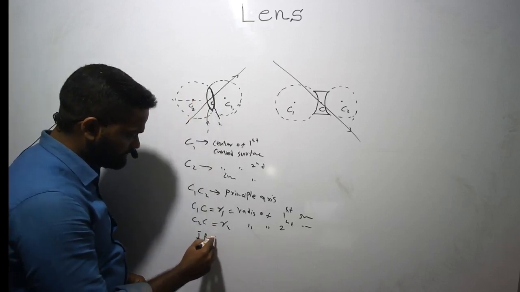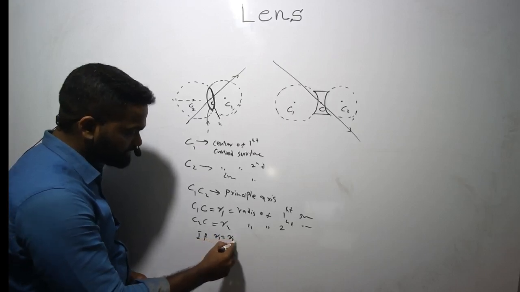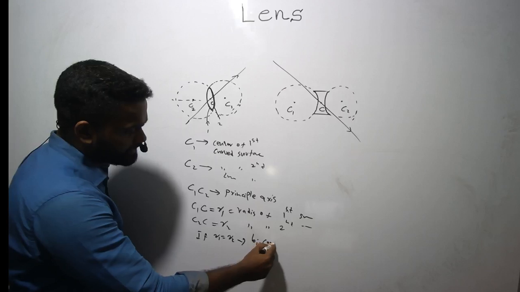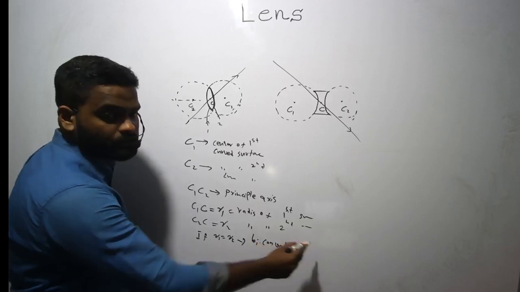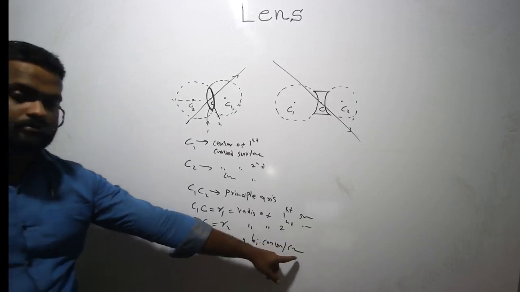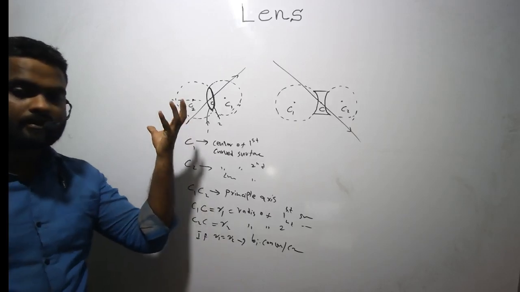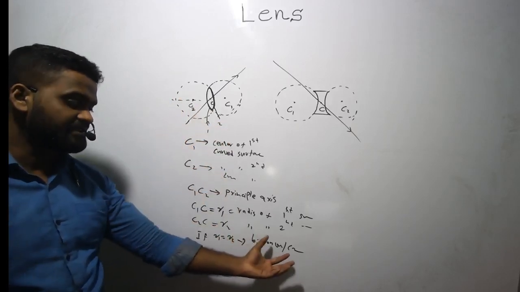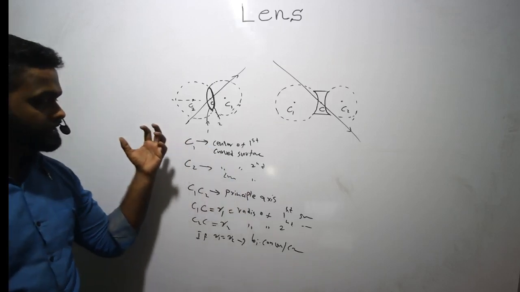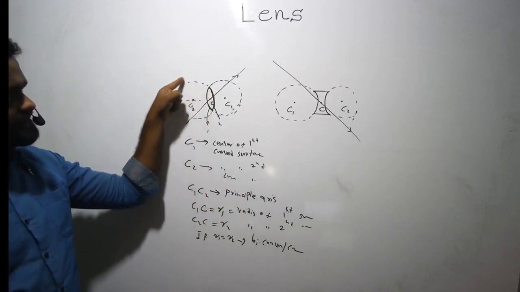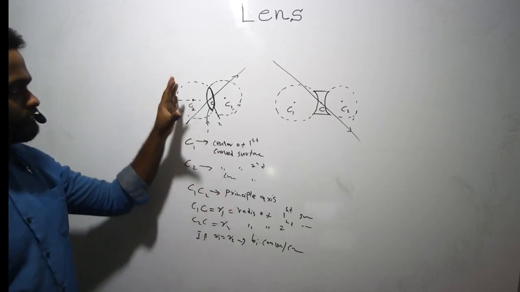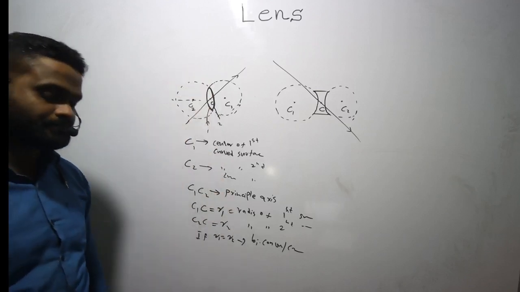So you can write, if R1 equals R2, those are called biconvex and biconcave lenses, right? Those are the lenses that we will study, biconvex and concave lenses. The thing is, these curvatures are the same for biconvex and concave lenses, right? Okay.